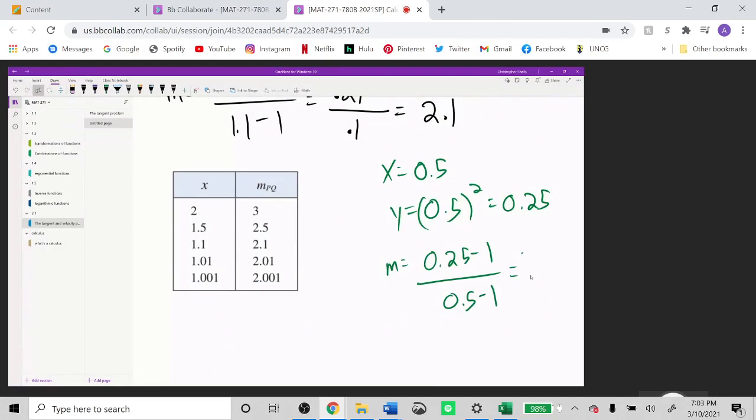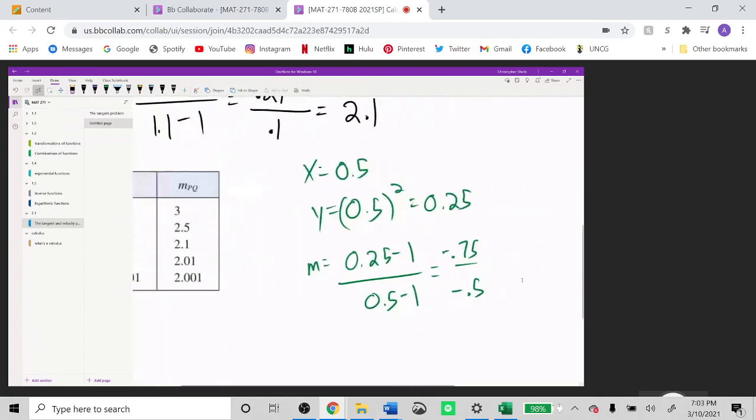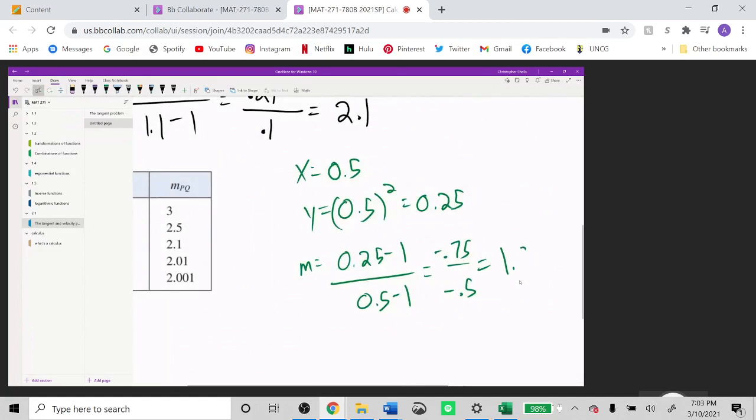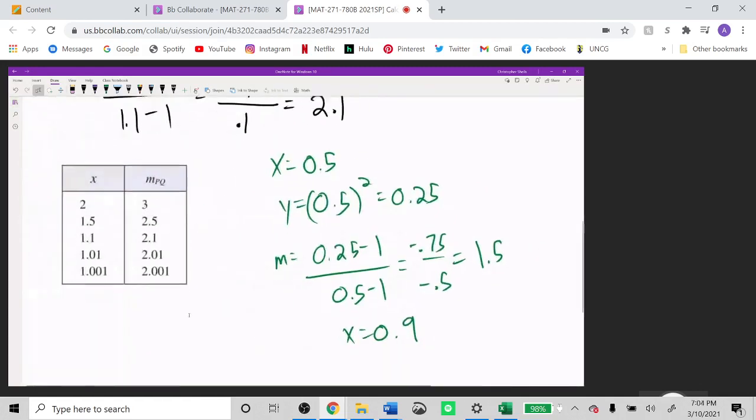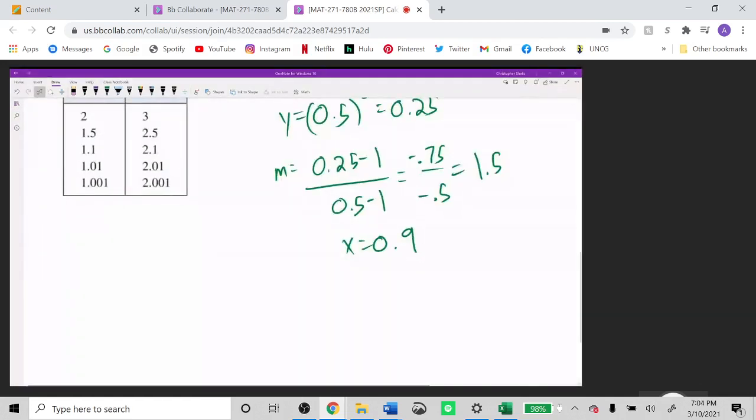This would be negative 0.75 divided by negative 0.5, which would be positive 1.5. And then I could choose x equals 0.9 and 0.99 and so on, right? Until I got a chart looking like this chart, the one that I'm about to paste.